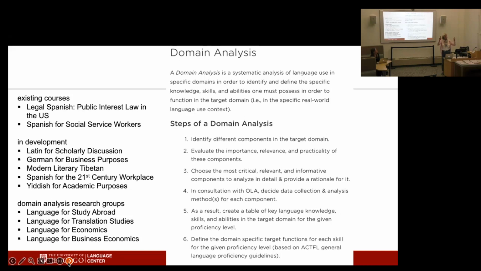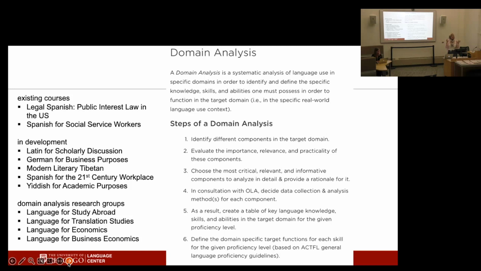You might talk to people working in banks that actually have jobs, or talk to the people hiring those people. And you might also talk to students and say, what do you think you need? But the students don't always know what they need to work in the domain because they're not in the domain. They're sitting in the classroom. So the needs analysis is a subset of the domain analysis.